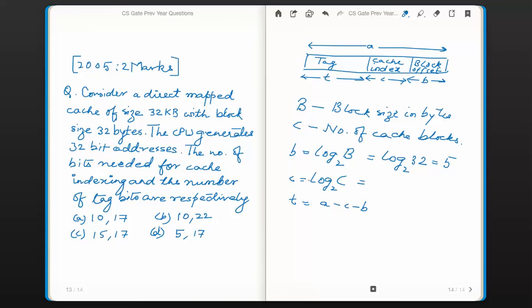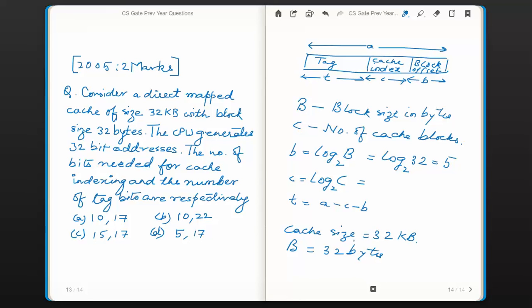Now for the cache index we need to know the number of cache blocks. Here we are not directly given the cache blocks, we are given the cache size. So cache size is 32 kilobyte, and we know the block size, that is capital B, is 32 bytes.